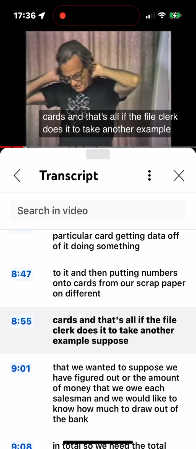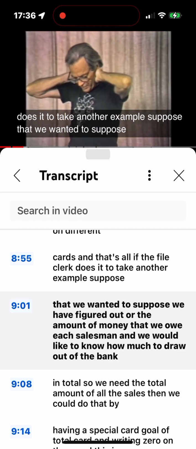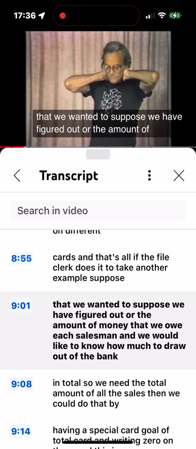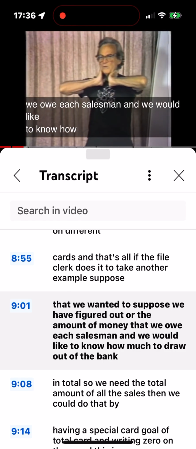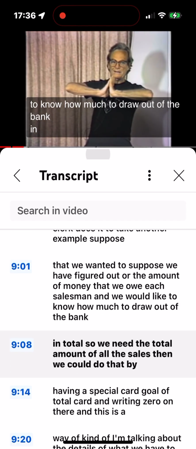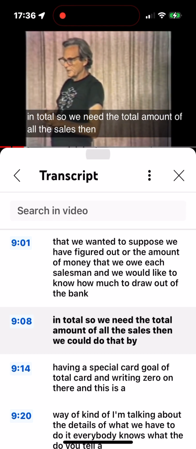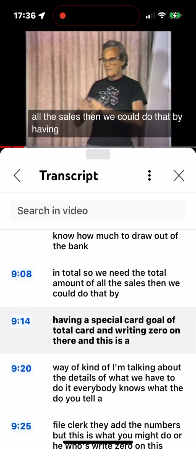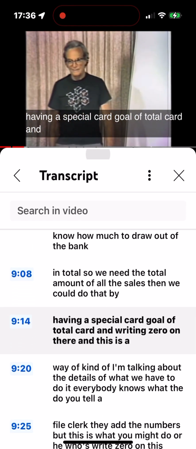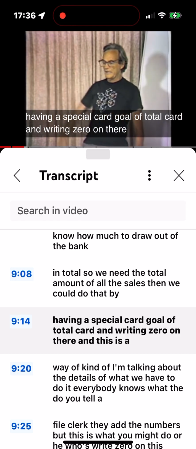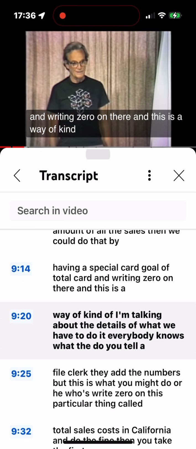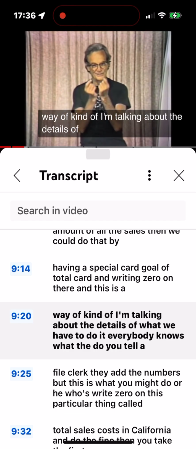To take another example, suppose we have figured out all the amount of money that we owe each salesman, and we would like to know how much to draw out of the bank in total. So we need the total amount of all the sales. Then we could do that by having a special card called the total card and writing 0 on there. And this is a way of, I'm talking about the details of what we have to do.